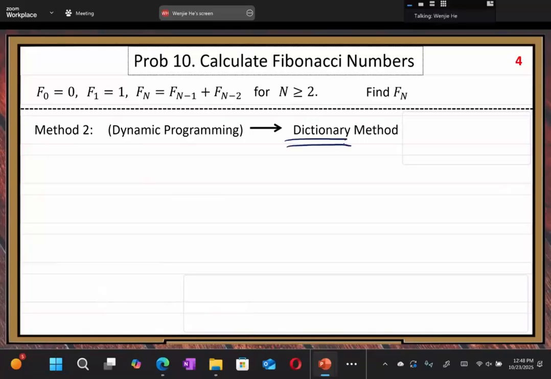The reason I give you this second name is that you can get an idea: dictionary. The main method used here is that you need to create a dictionary. You know what a dictionary is. But here, we use the dictionary to store our intermediate results.